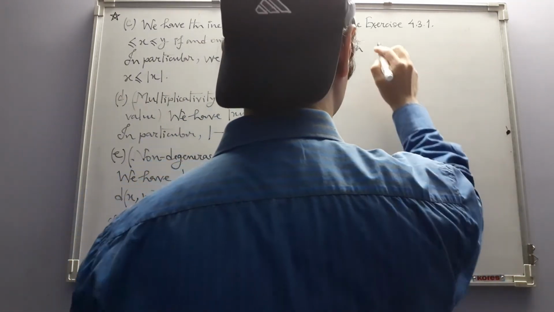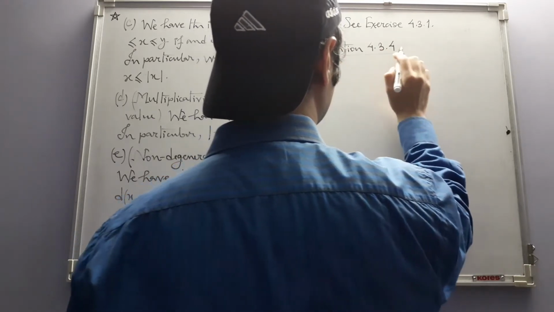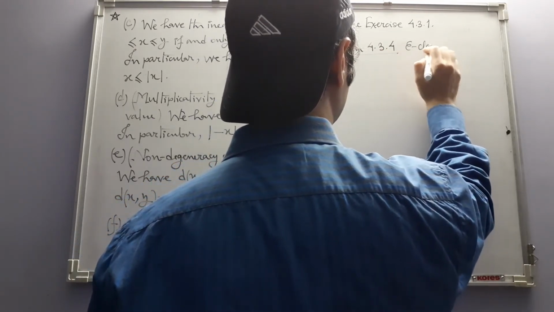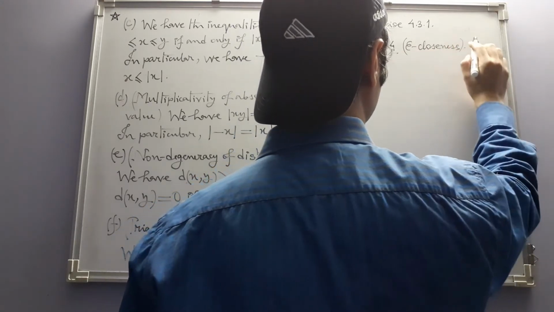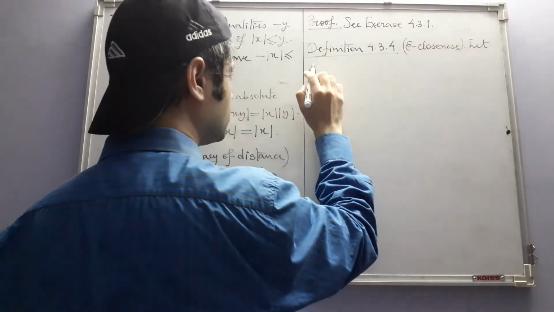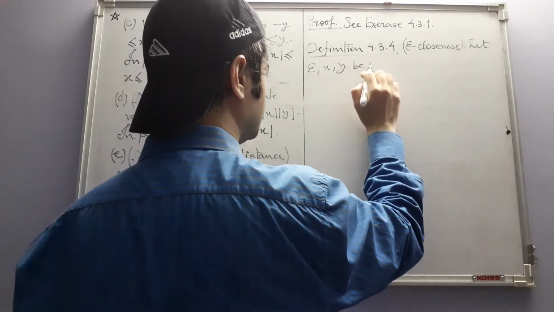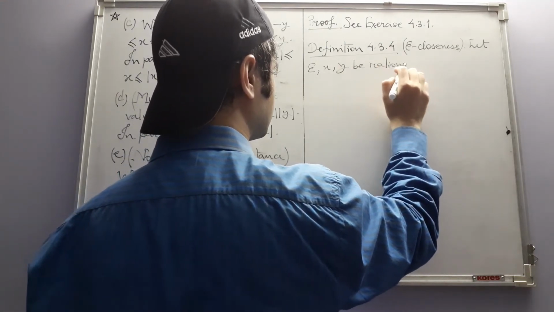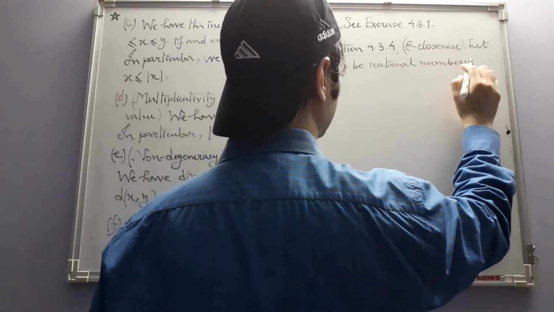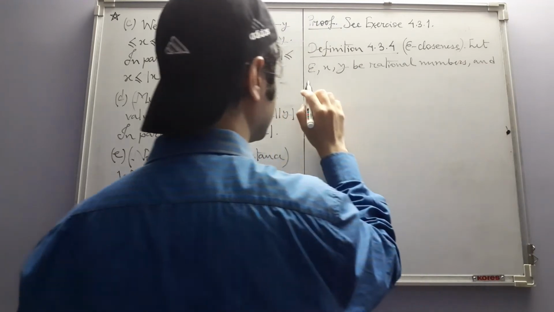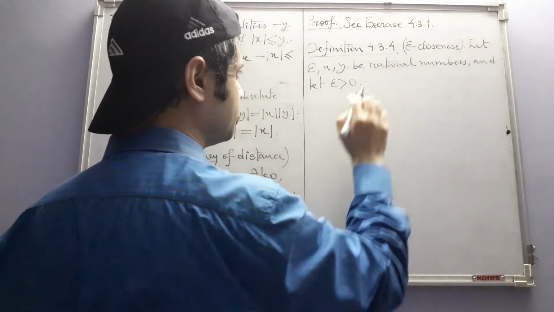This is definition 434. Let epsilon, x and y, all of them be rational numbers, and let epsilon be a positive rational number.